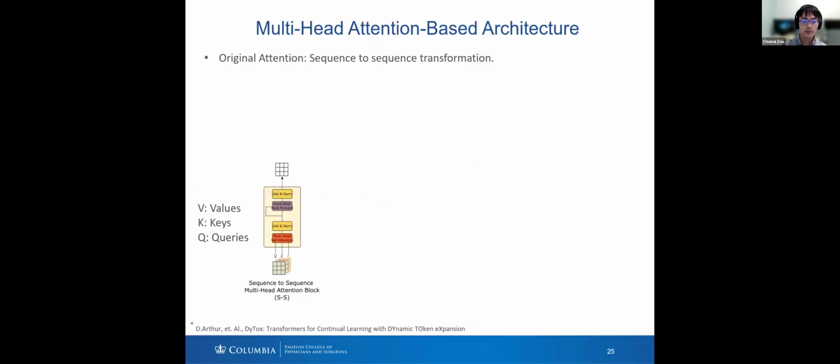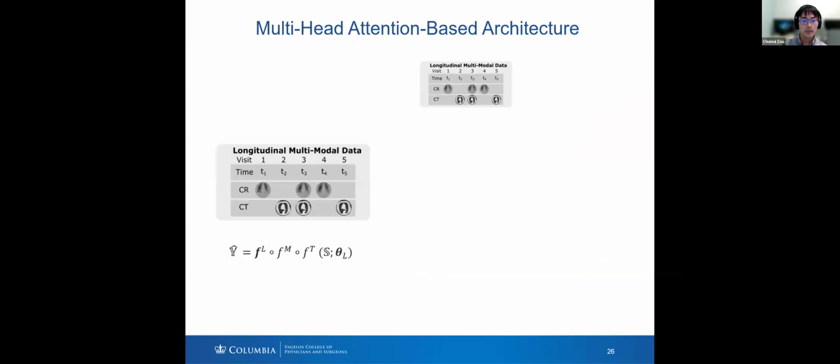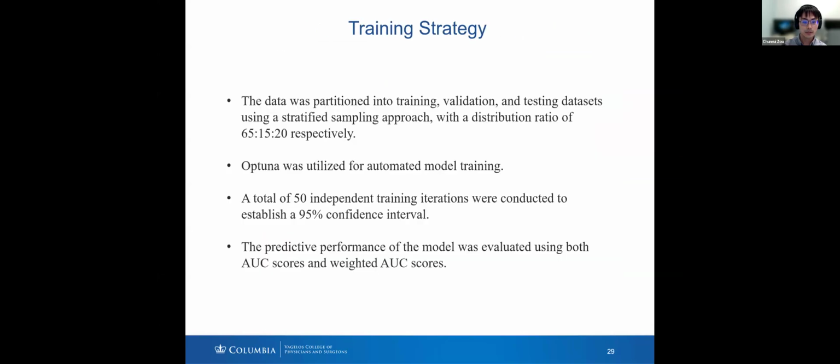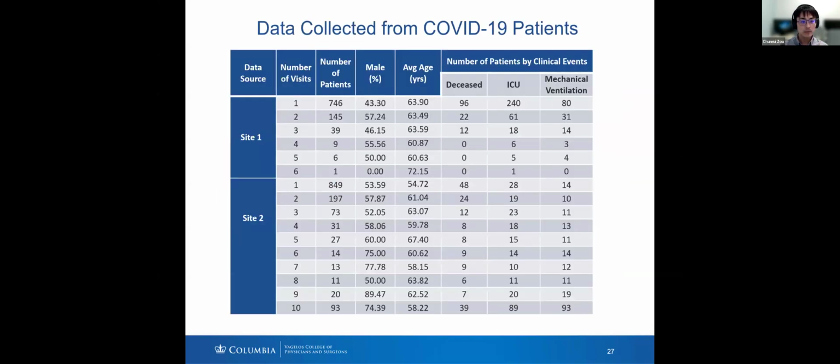So for harmonization, because our data set is from 2 sites, and in each site they may have different pixel spacings or different parameters.